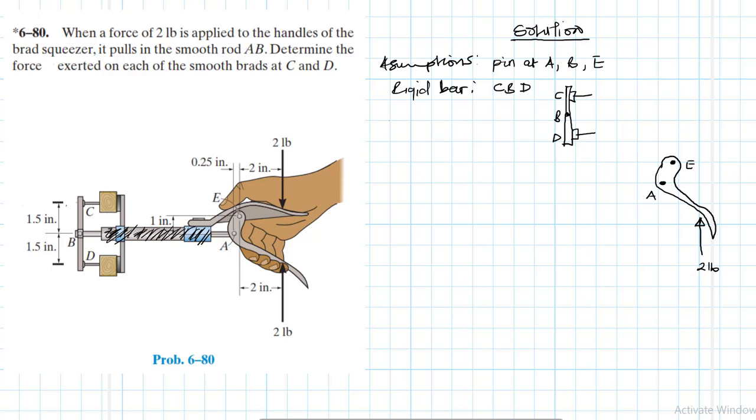It is just moving in there smoothly, so no friction. And then this AB is a two-force member, therefore there's only one single force in this particular bar. So if it's a two-force member, it is just going to be like this.